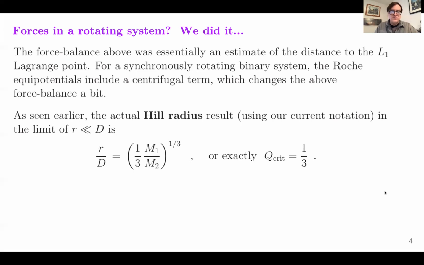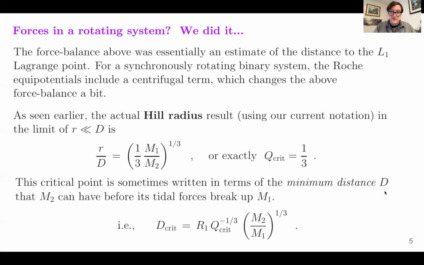And when you rearrange that in a way to get the critical value of q, you get 1/3. So it's really the same concept, but with a slightly different criterion, 1/3 versus 1/2. That's the impact of the rotating frame versus not taking into account the rotating frame in the earlier calculation. But it still gives you the same physics.